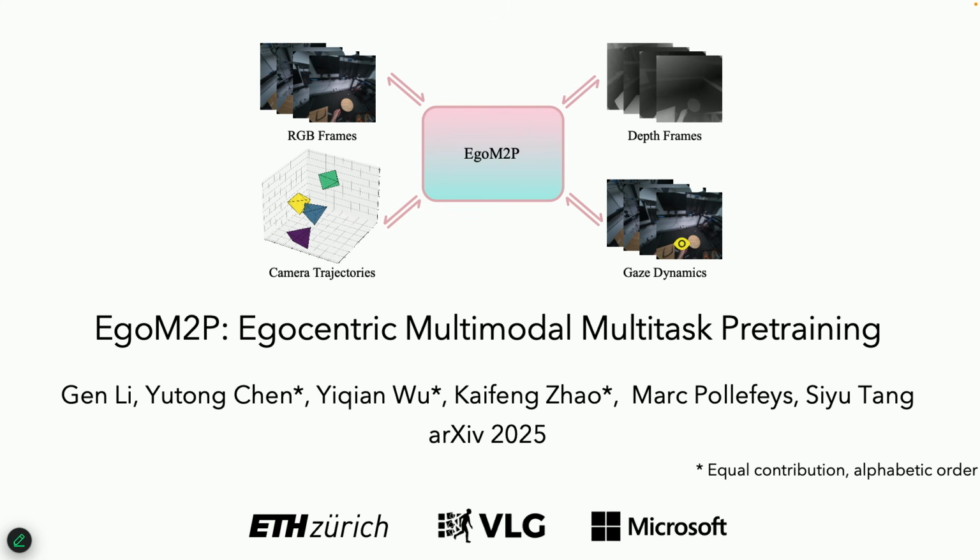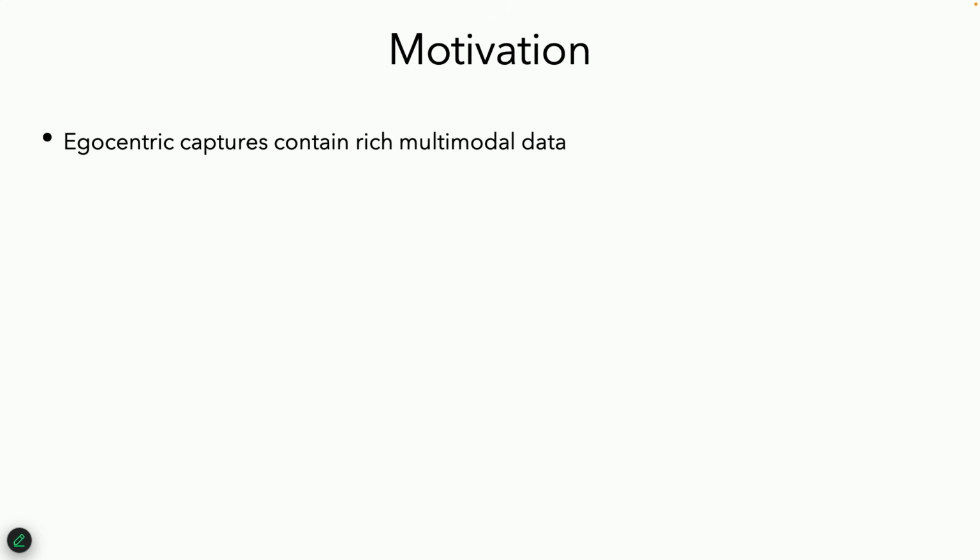In the remaining 10 minutes, I want to present our latest work, EgoM2P, Egocentric Multimodal Multitask Pre-training. As I mentioned, humans are inherently multimodal, and I think egocentric data has a unique advantage here.